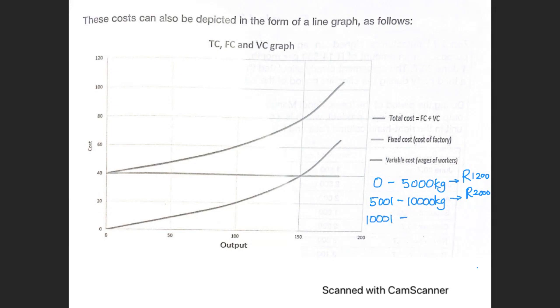Then if you're going to have between 10,001 kgs and 15,000 kgs that needs to be transported, the cost would be 3,100, and so on. You'll continue like that, where it's just dependent on the amount of material that is being transported.